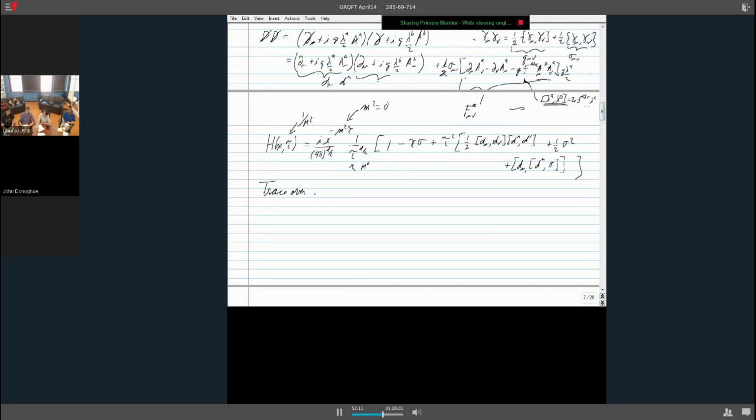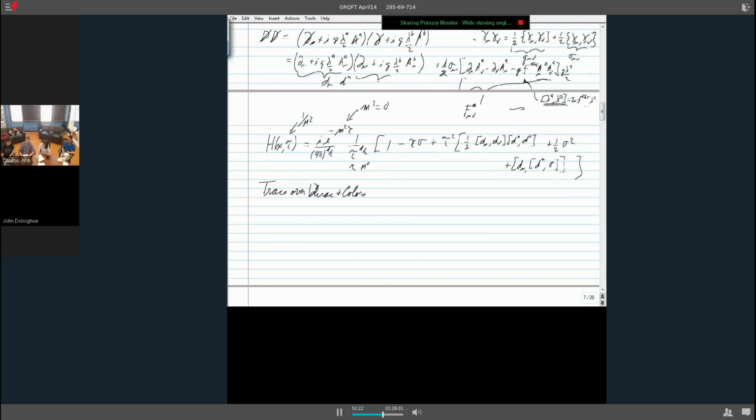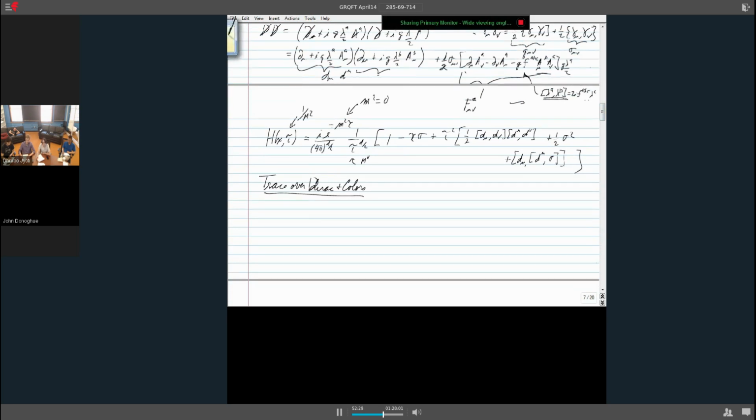And then I had 1 minus tau sigma plus tau squared, and what was sitting in here was 1/2 d mu comma d nu, d mu comma d nu, plus 1/2 sigma squared, and then there was a piece that's going to contribute nothing, which was d mu commuted with d mu commuted with sigma.